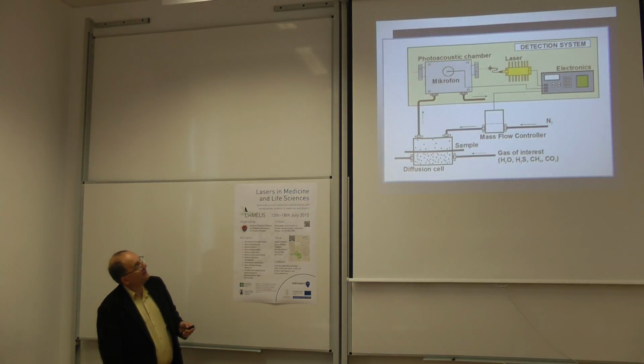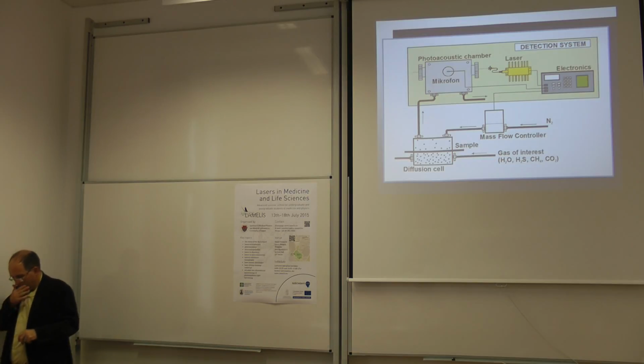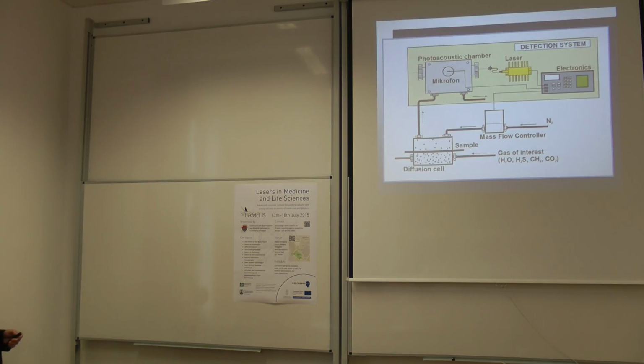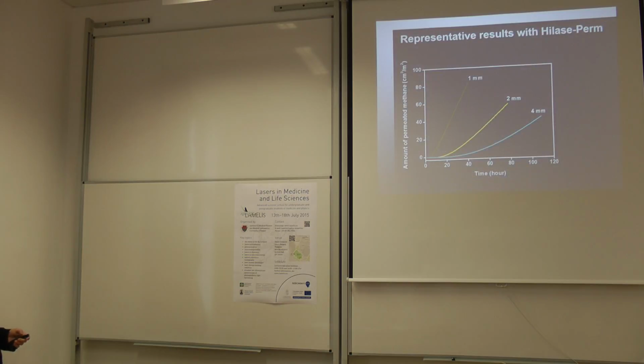And this gas permeability measurement: if you have a sheet sample and you put 100% water vapor and H2S or whatever of these components, you can see how these gases are diffusing through your sample. You can detect this with a photoacoustic system, and what you get is such a nice permeation curve.